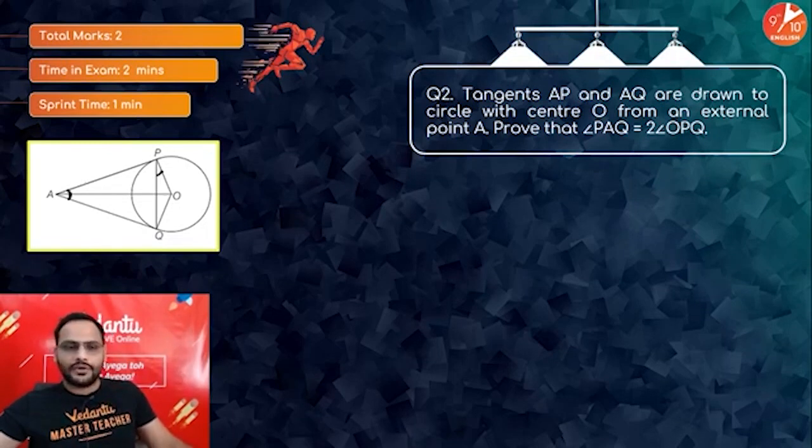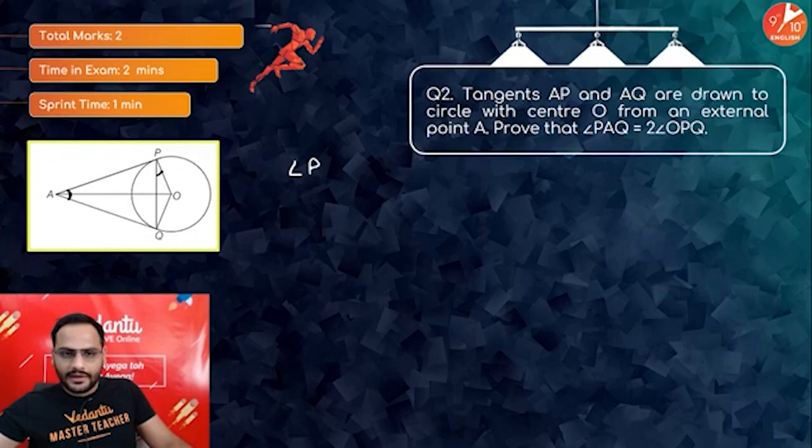So guys, as we all know that radius at the point of contact is perpendicular to tangent. So I can say, sir, angle OPA will be equal to angle OPB.